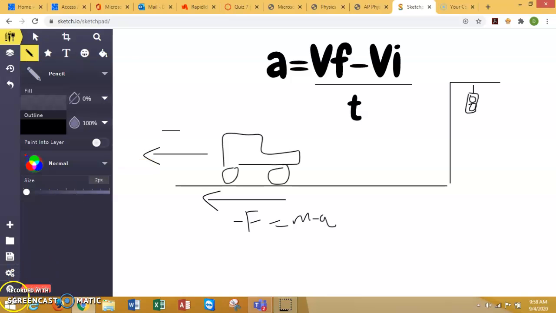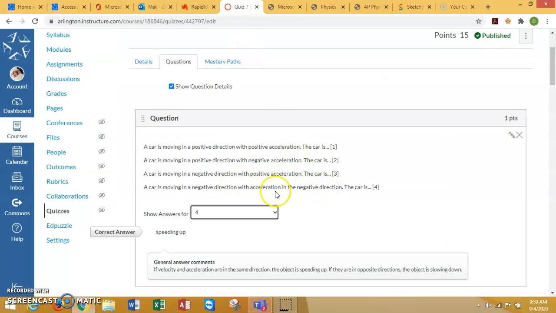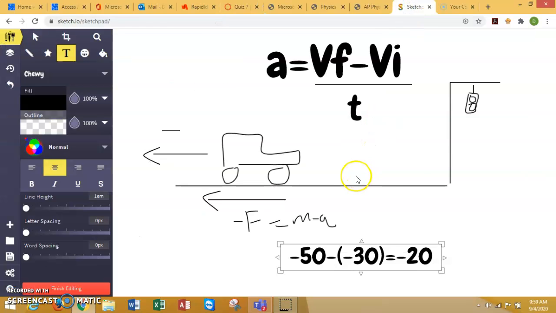Let's try to make the math work here. So how do we plug this in? Well, we're supposed to get a negative acceleration, and it's supposed to mean speeding up. So how is this possible? Well, we're going in the negative direction, which means our velocities are negative. The only way to get a negative number for a, to get a negative acceleration, is to have your final speed bigger than your initial.